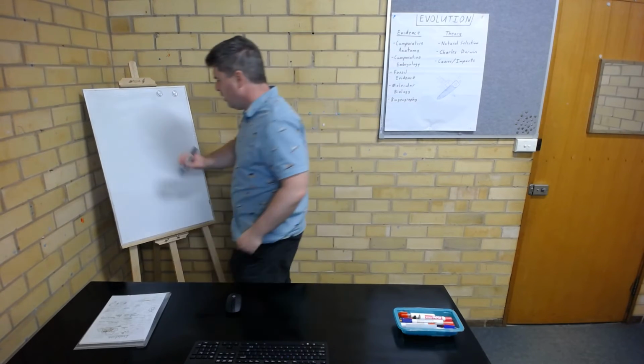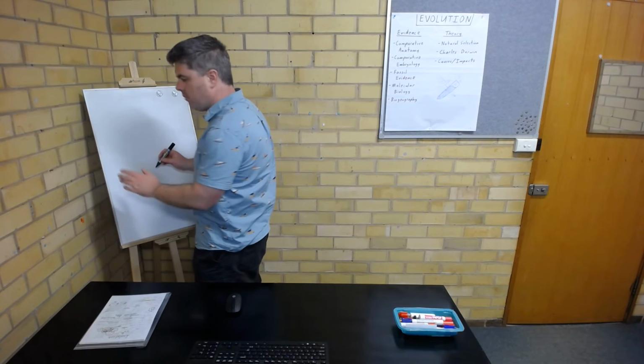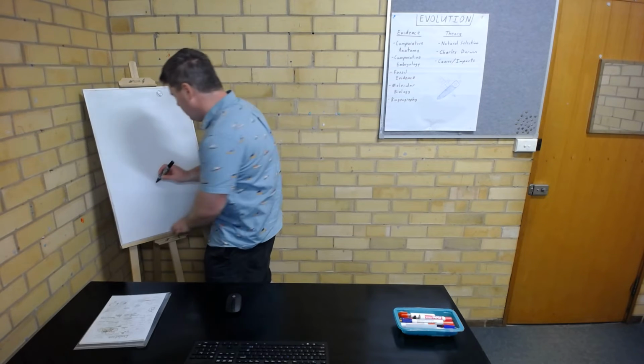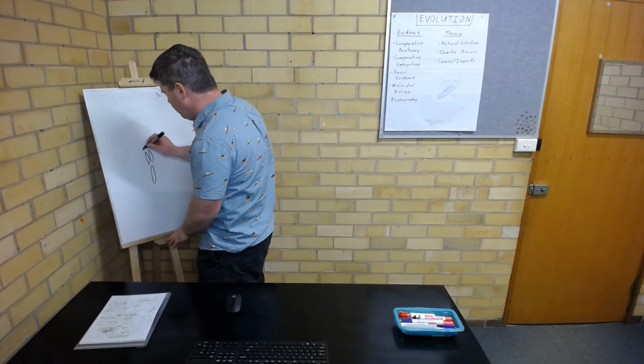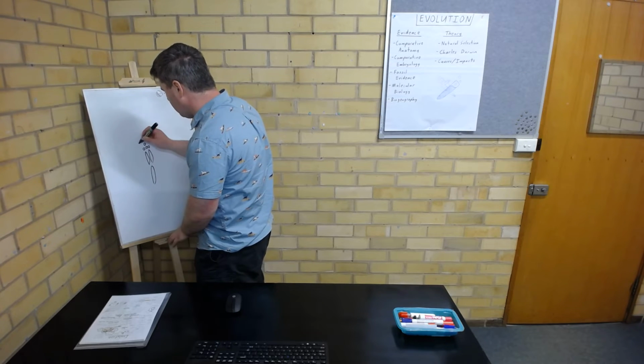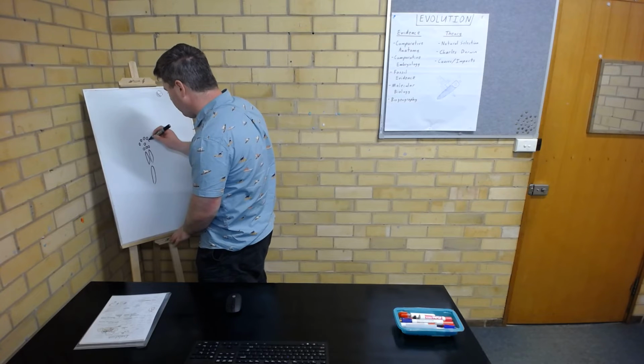So, if you're looking at, say, a pentadactyl limb, we have all the bones here. 1, 2, 3, 4, 5.